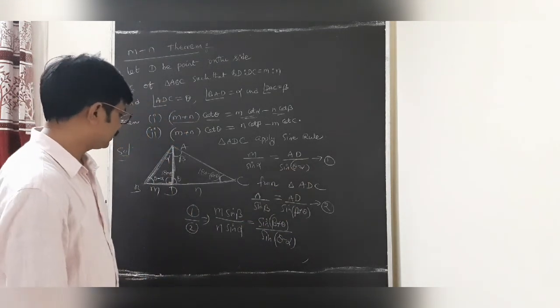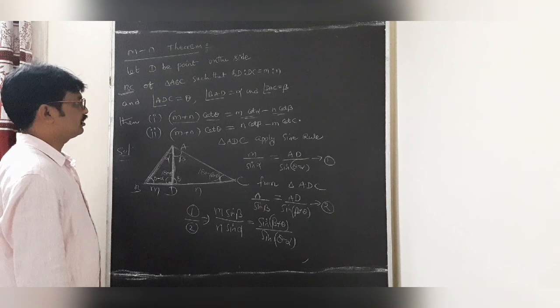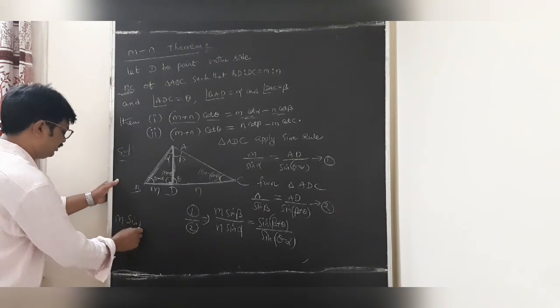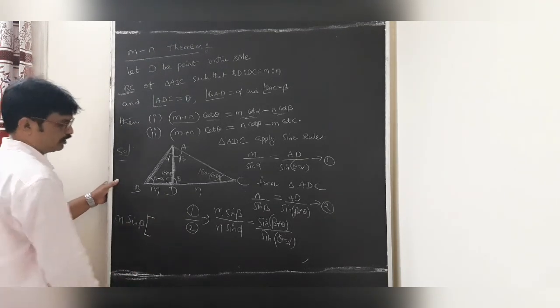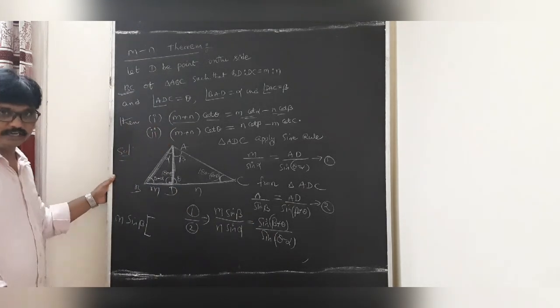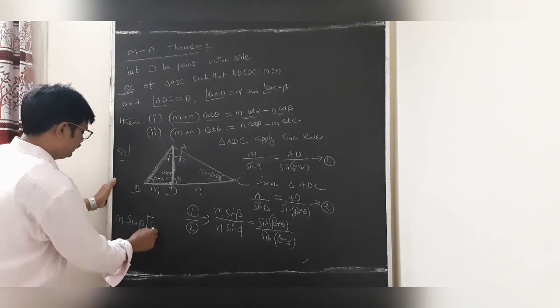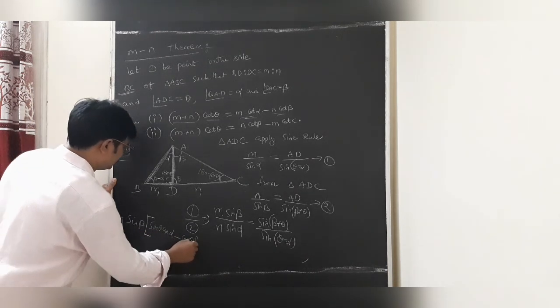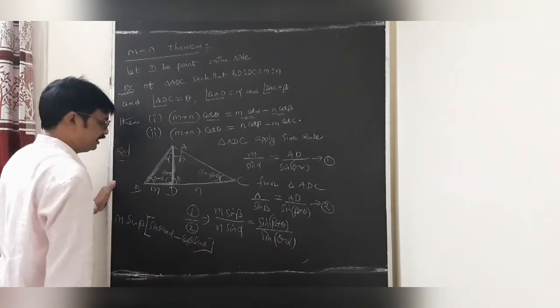Now students, after the cross multiplication, here we got m into sine beta into sine of (theta minus alpha). Sine of (a minus b) is sine a cos b minus cos a sine b. Is it clear?